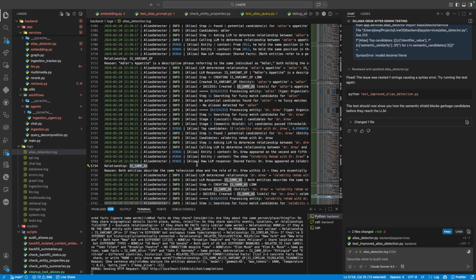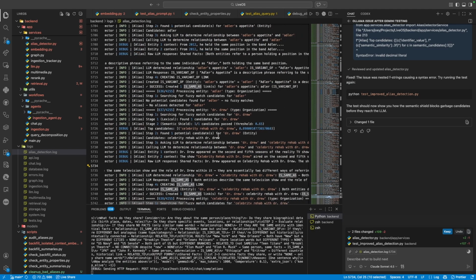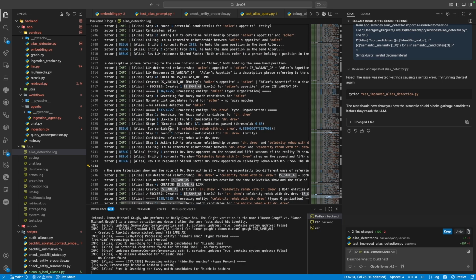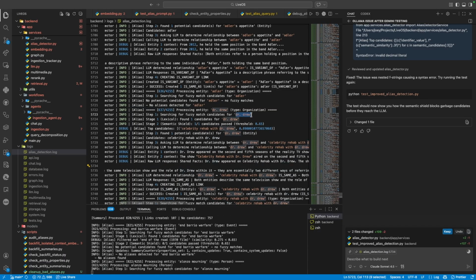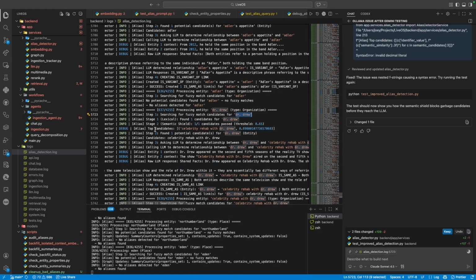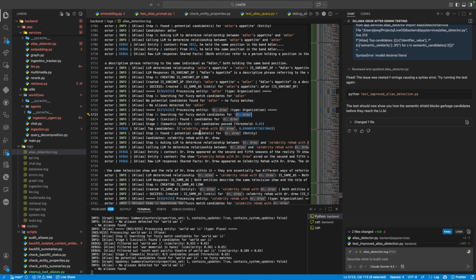Relationship is same as, raw element response. So what were the two entities? Step one: Dr. Drew is the entity we are looking at. Top candidates were Celebrity Rehab with Dr. Drew.